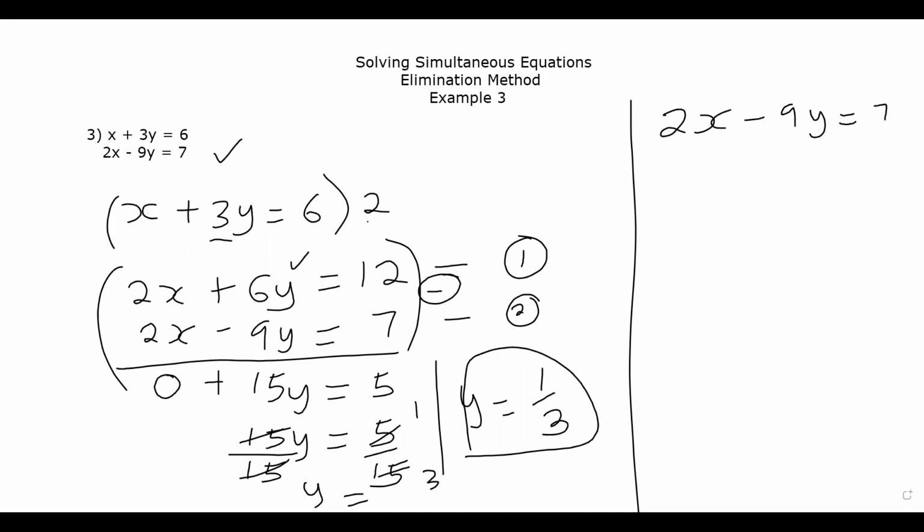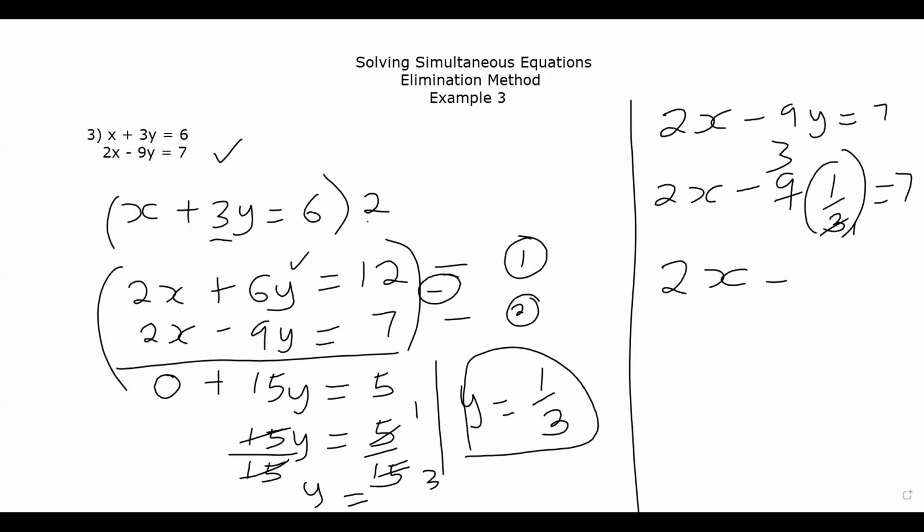In this second equation, let's substitute the value of y: 2x minus 9 times 1 over 3 equals 7. I know this evaluates to 3, and therefore we end up having 2x minus 3 equals 7.